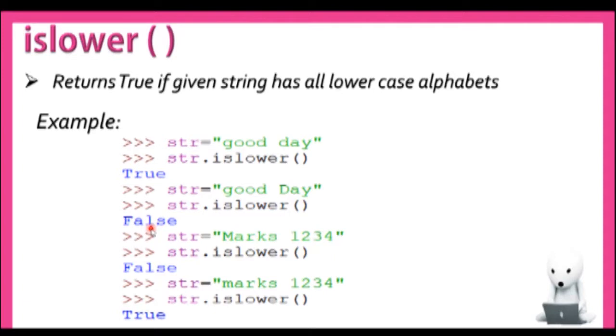If I use "Marks 1234", again it will return false because M is in capital. Whereas if I make this M small, because now all the alphabets are small letters, isLower will return true.